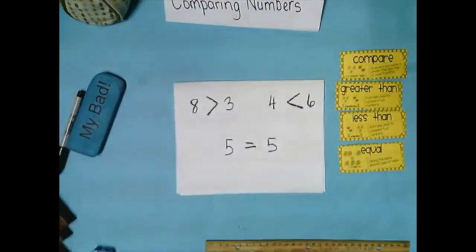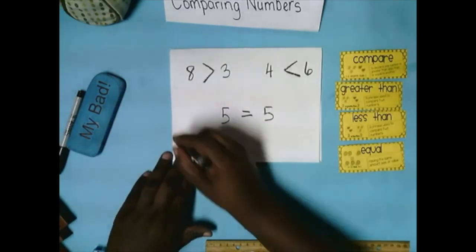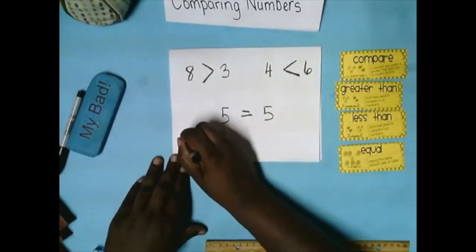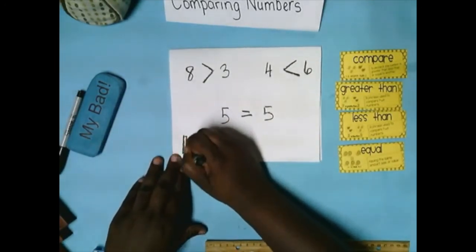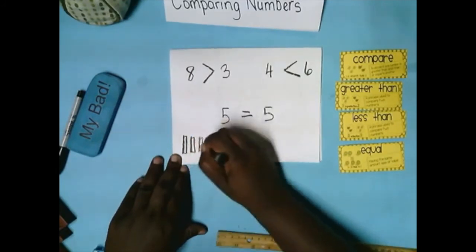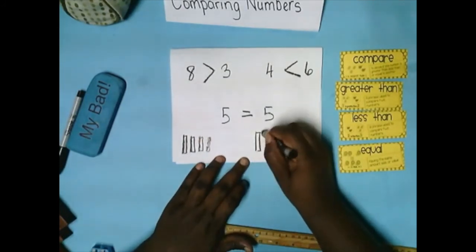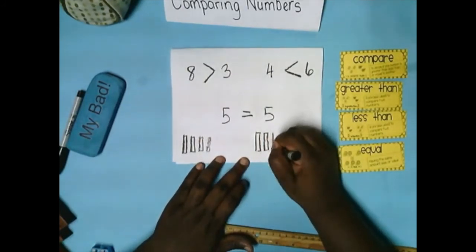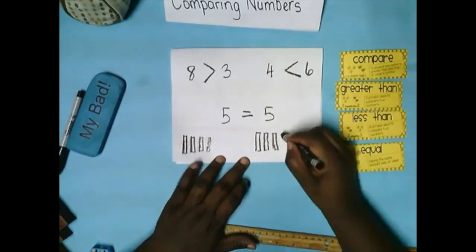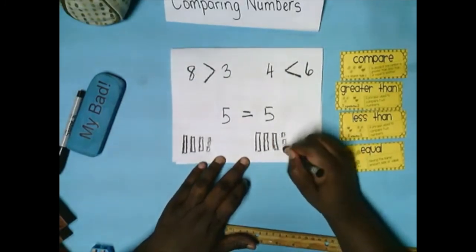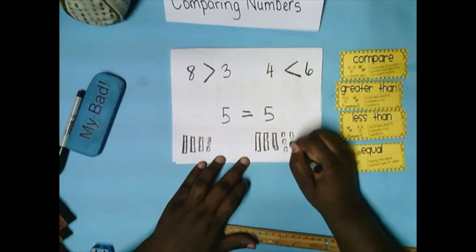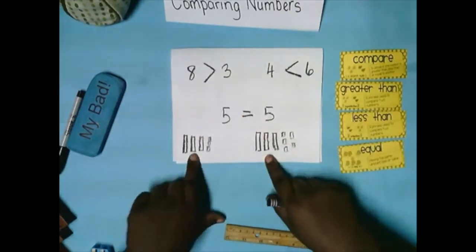If I'm going to draw that using my base 10, 33 is 3 tens and 1, 2, 3 ones. Then I have 35, 3 tens, and then 1, 2, 3, 4, 5 ones. They both have 3 tens.